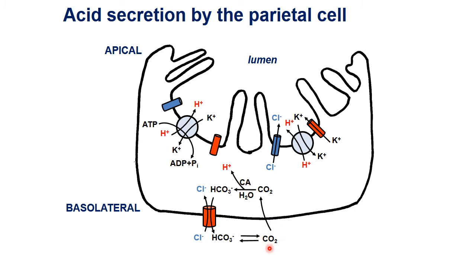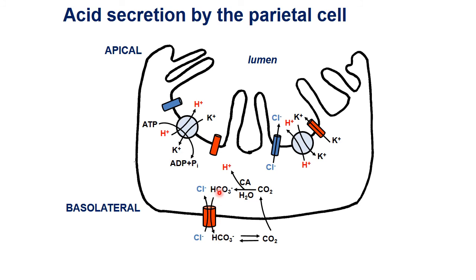CO2 diffuses into the parietal cell across the basolateral membrane, where it is converted by an enzyme, carbonic anhydrase, to H2CO3, which is then converted into bicarbonate and a proton.